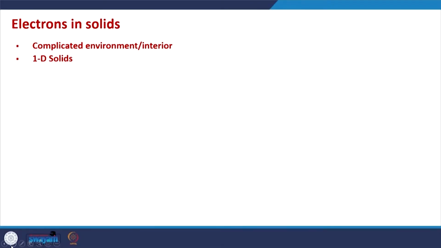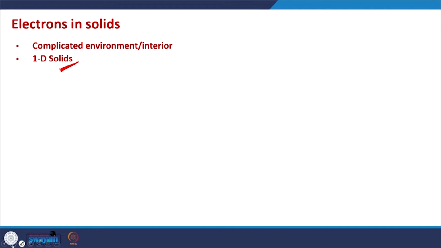So, we will not directly go into an actual solid, because it is not possible to solve the Schrodinger equation analytically for an actual lattice. So, what we do is we take the case of 1D solids first, and this case can easily be generalized to 3D solids.